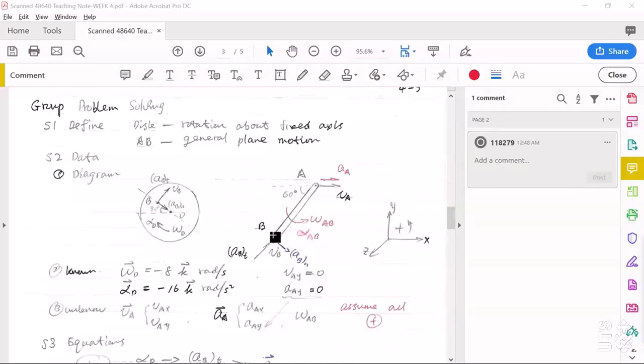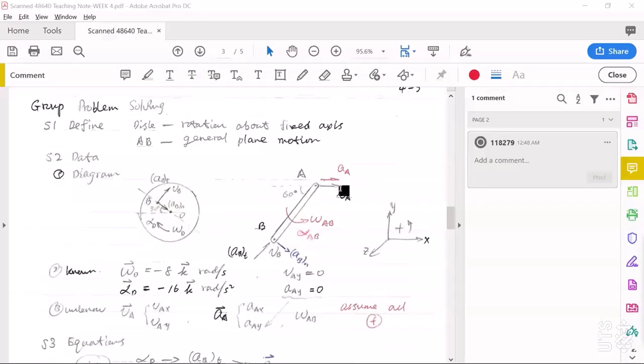Okay, now, if we look at link AB undergoing general plane motion, we can see point A and point B. These two are pin connection points. So we can use these two points to do our analysis. At point A, because this is the pin connection point between AB and the collar A, the collar A has the rectilinear translation horizontally.